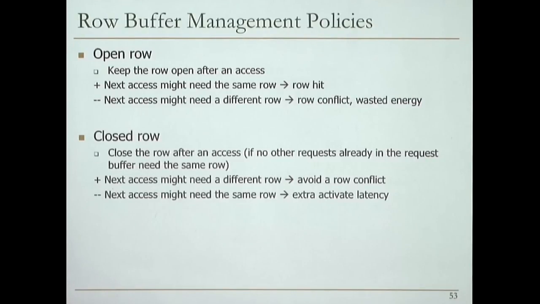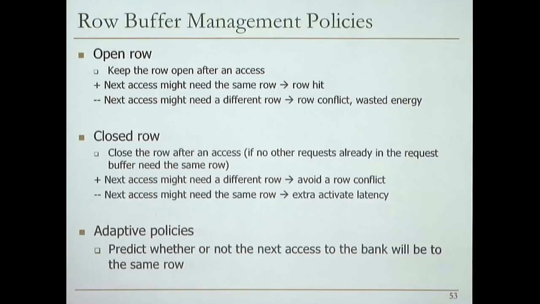That next access is faster because it doesn't need to do the pre-charge itself. You've already done the pre-charge. You already closed the row. But if the next access needs the same row, you're unlucky. Then you need to have an extra activate latency. If you had kept it open, then you would have avoided that extra activate latency. Make sense? So even this simple design decision affects your performance and energy, as you can see.